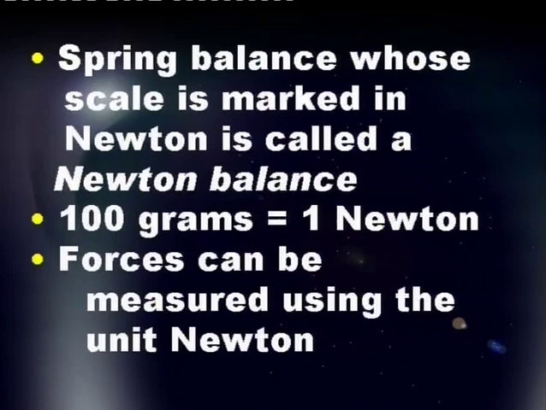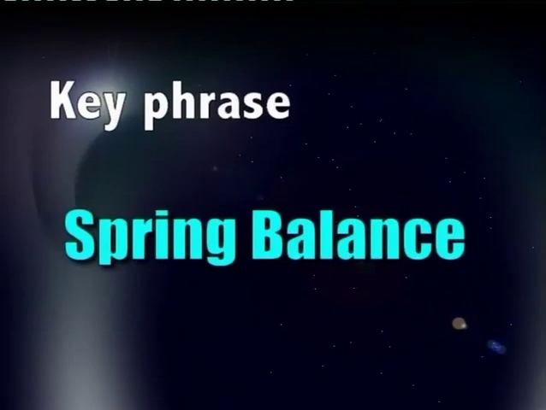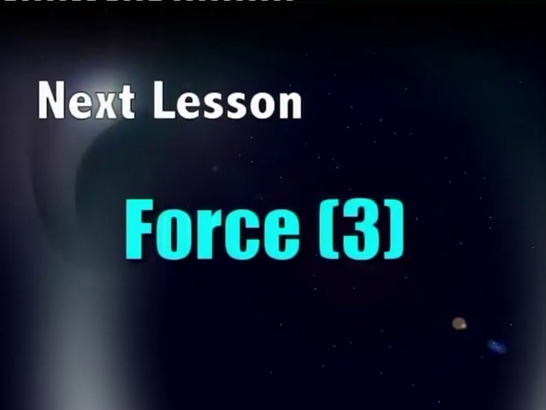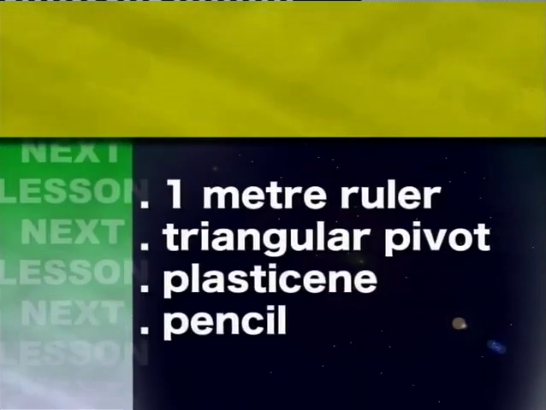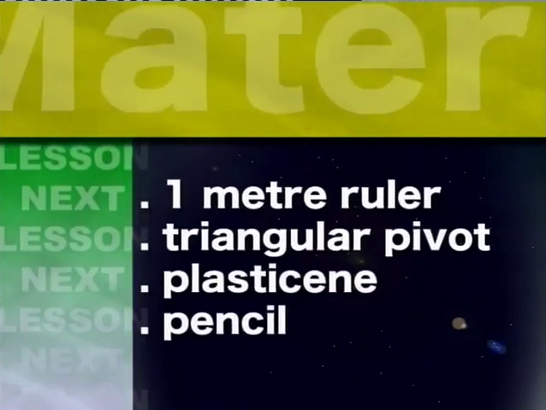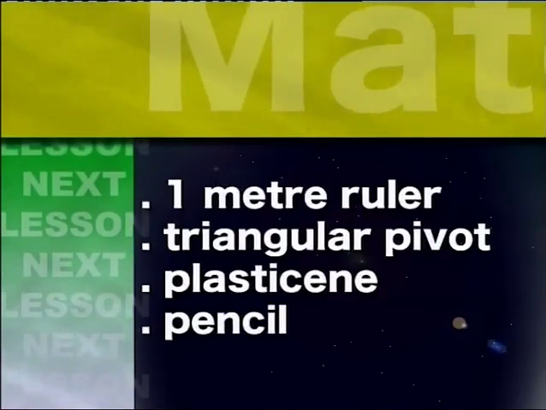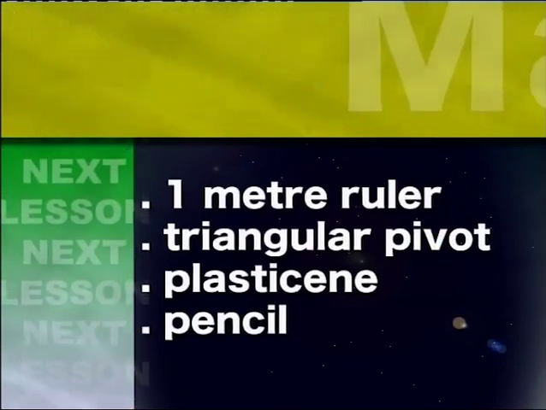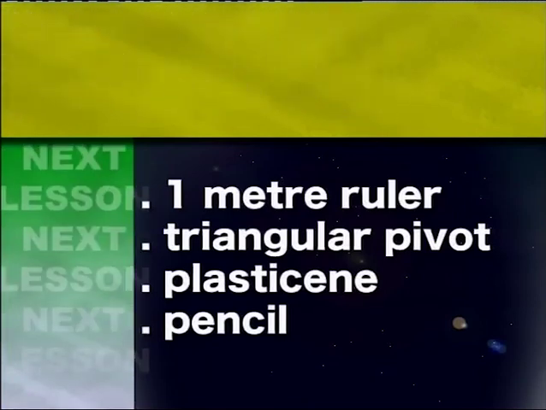That is all for today's lesson, and our key phrase is spring balance. Our next lesson topic is on force, lesson number 3. The materials that we will need are a 1 meter ruler, pencils, plasticine, and a triangular pivot. Now, I'd like each group to come up with one.